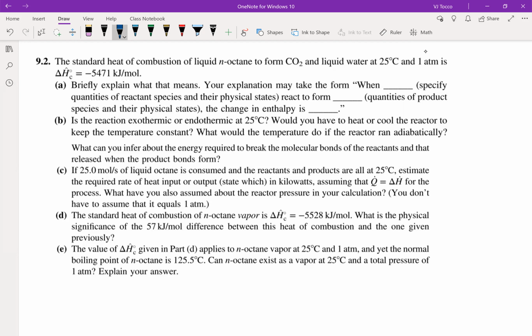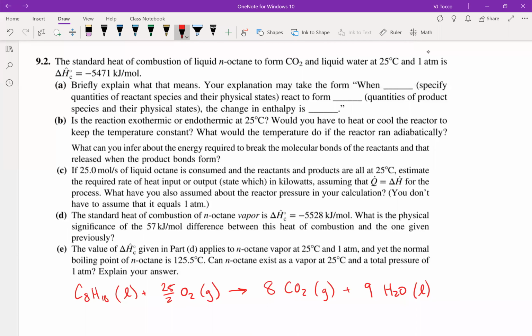So the first thing to do here is to write the full balanced form of that chemical reaction. Here is that chemical reaction, which has been balanced, which again is important because stoichiometry matters. And I've also input all the phases of matter into this chemical reaction as well, because that matters as well.